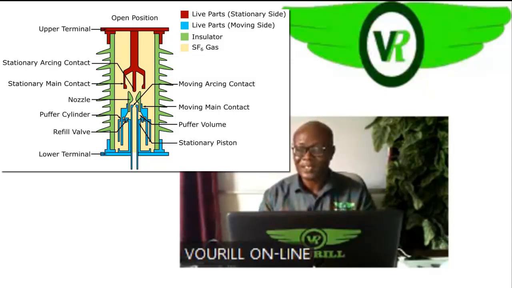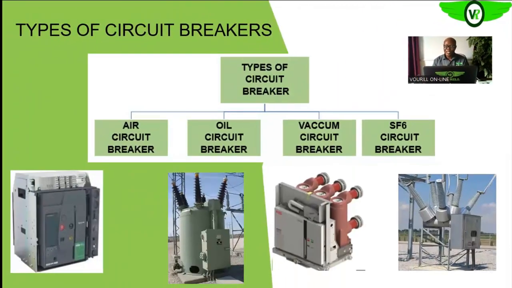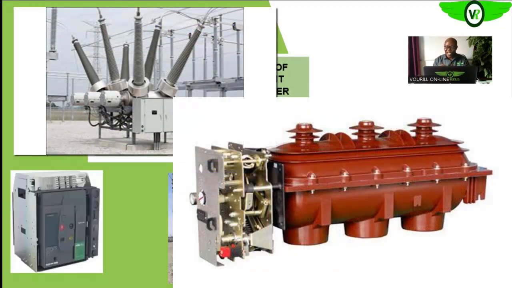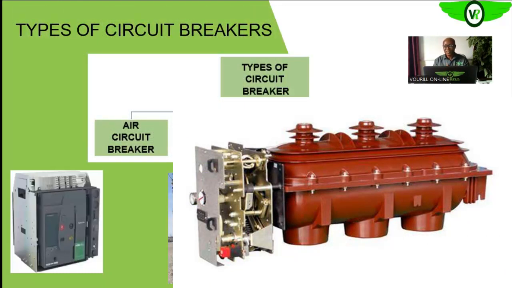Since it now has a very high kinetic energy, it will move away. And as it is moving away, as the temperature is going down, it will recombine with the sulfur to form sulfur hexafluoride. So you will see that the SF6 breaker can comfortably handle very high current, okay?